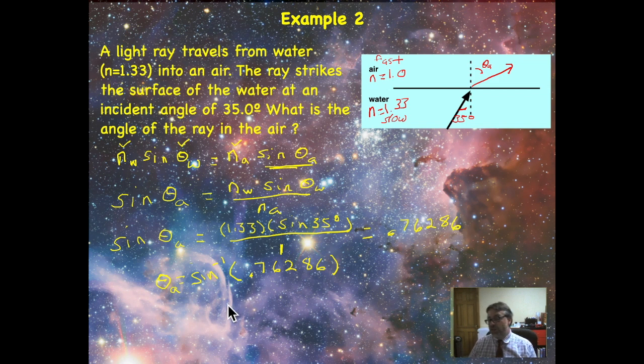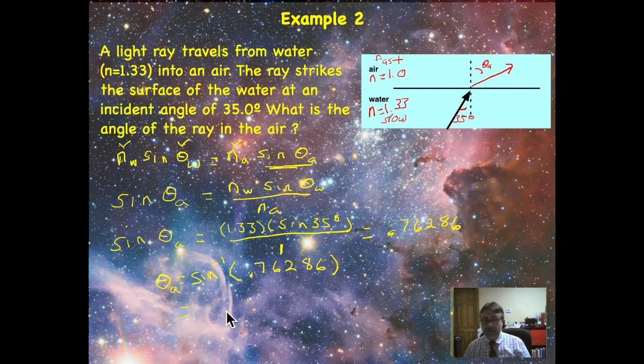Now, again, when you do an inverse sine like this, the answer will be in whatever mode your calculator is in. So I'm giving you degrees, so I expect an answer in degrees. So if your calculator is set to radian mode, you would get an answer in radians. So if your answer doesn't make sense, if I end up getting an angle that's smaller than 35, check the mode of your calculator and make sure it's set to degrees.